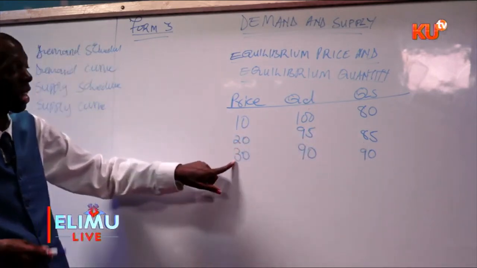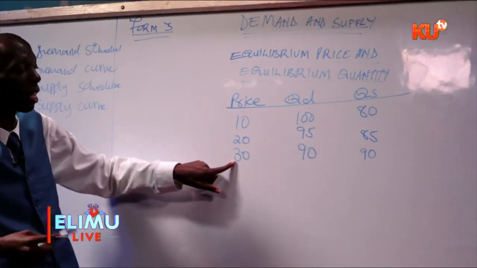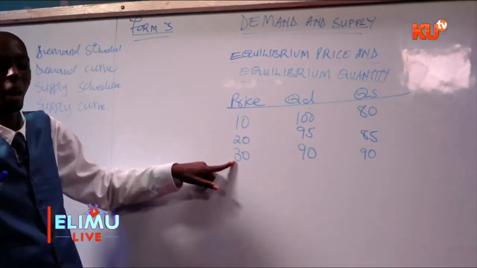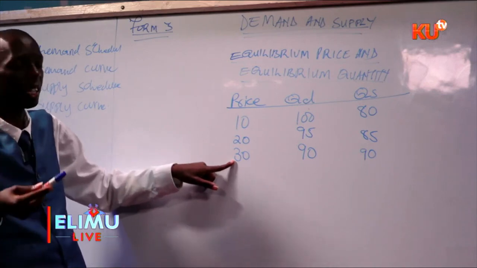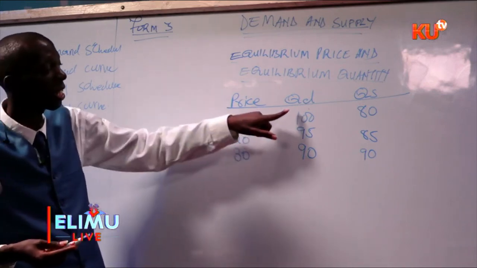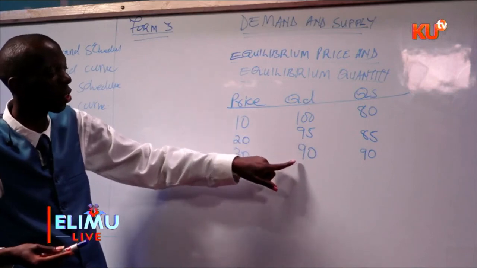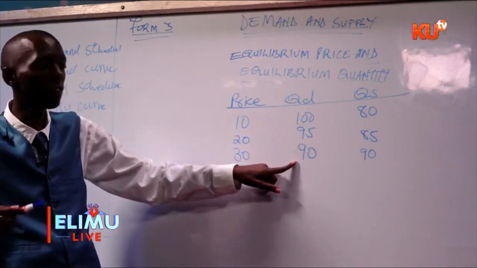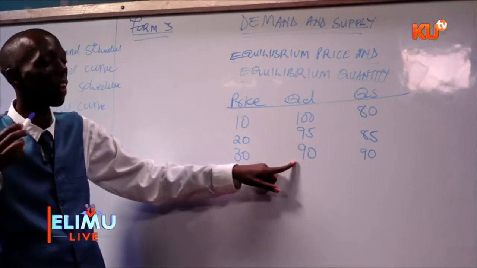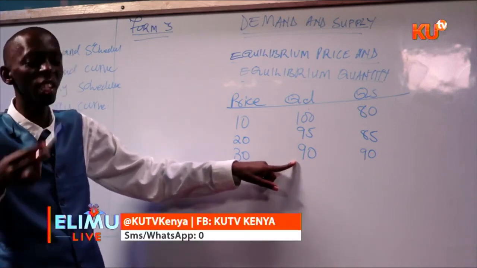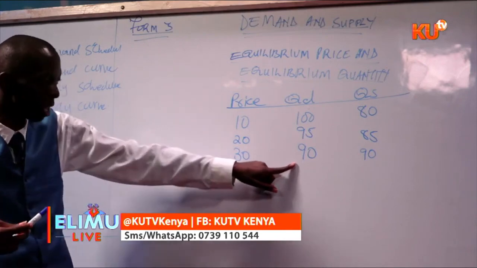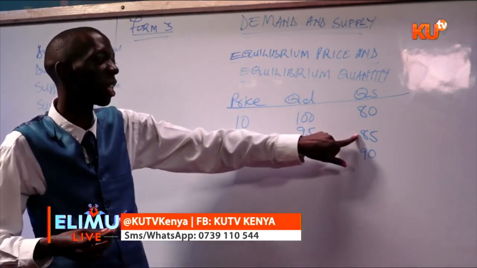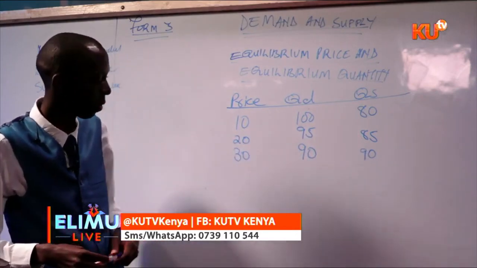When the price increases to 30, according to the law of demand, the quantity demanded decreases from 95 to 90. And according to the law of supply, the quantity supplied increases from 85 to 90.